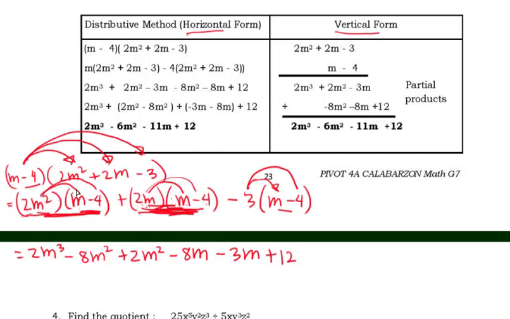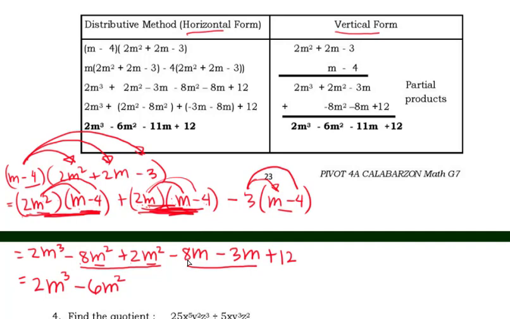Next is to find the similar terms. Do you still remember the similar terms we mentioned in our previous lessons? When terms are similar, we can add or subtract them. In this example, we have two pairs of similar terms. This one has no like term, so we just bring it down: 2m cubed. For this one, negative 8 plus 2 is negative 6, and we just copy m square when adding.